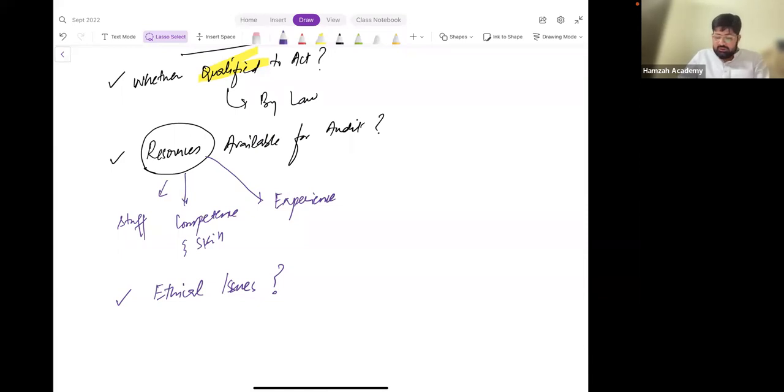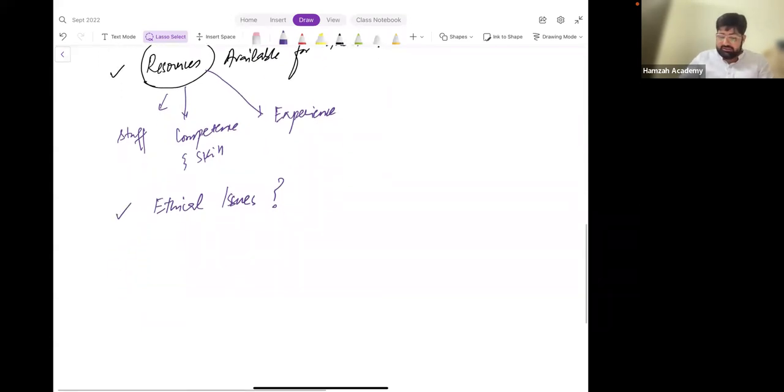Next, the fourth point: what is engagement economics? Ethical threats we have to study in the full chapter, the full section over here. What are ethical threats? How can they be dealt with?